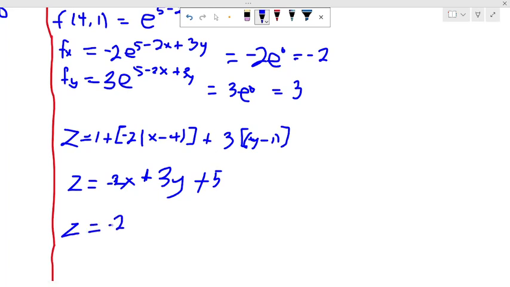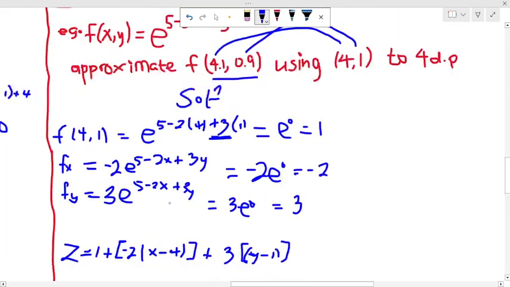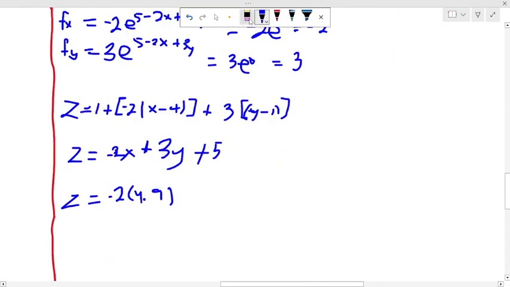We have negative 2 times 4.1 plus 3 multiplying 0.9 plus 5.